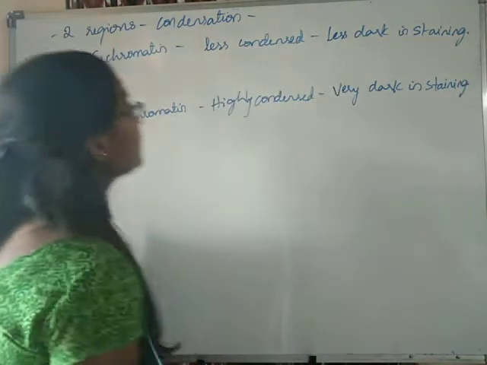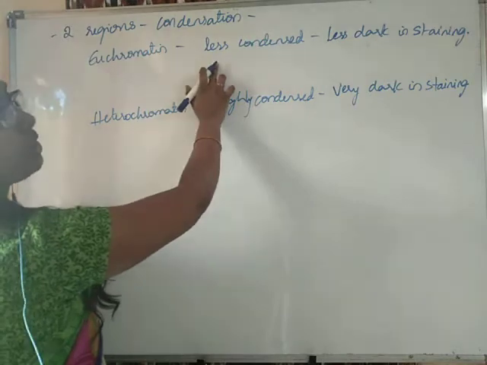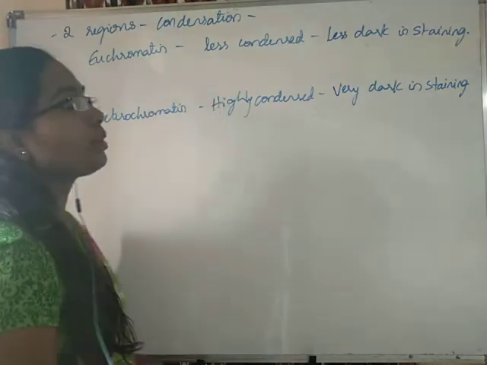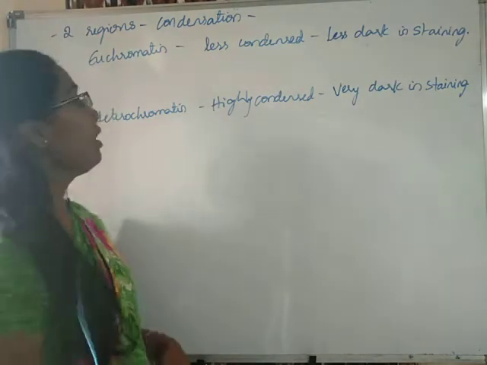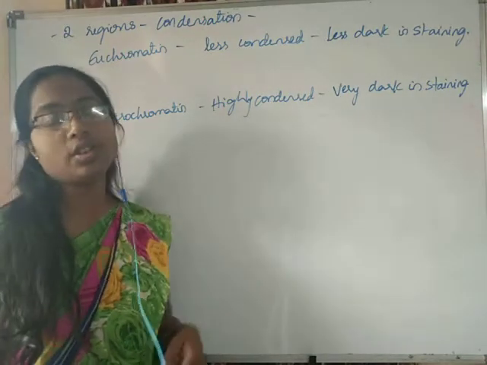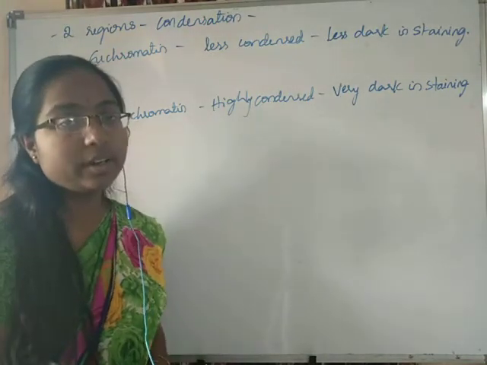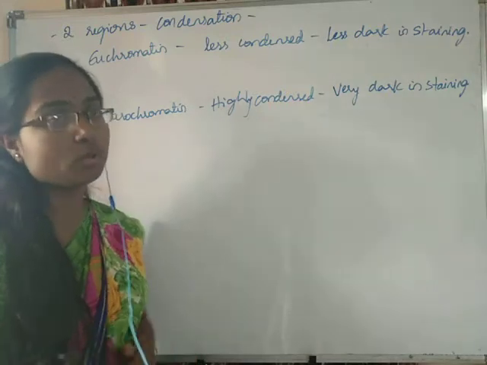So euchromatin is the less condensed region, appearing less dark in staining. Heterochromatin is a highly condensed region, very dark in staining. There are differences in function also.